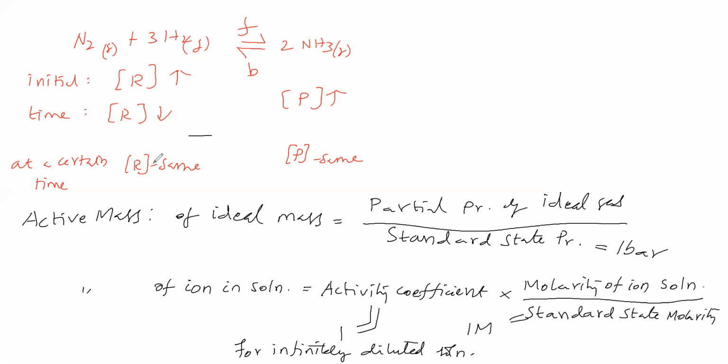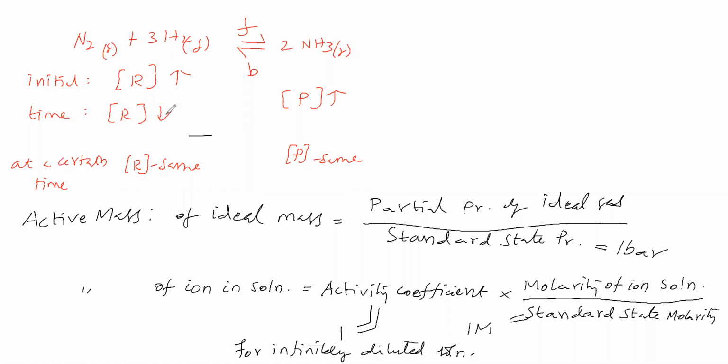Then from a certain time onwards, the concentration of reactant remains the same, and the concentration of product also remains the same. These concentrations need not be equal in magnitude.